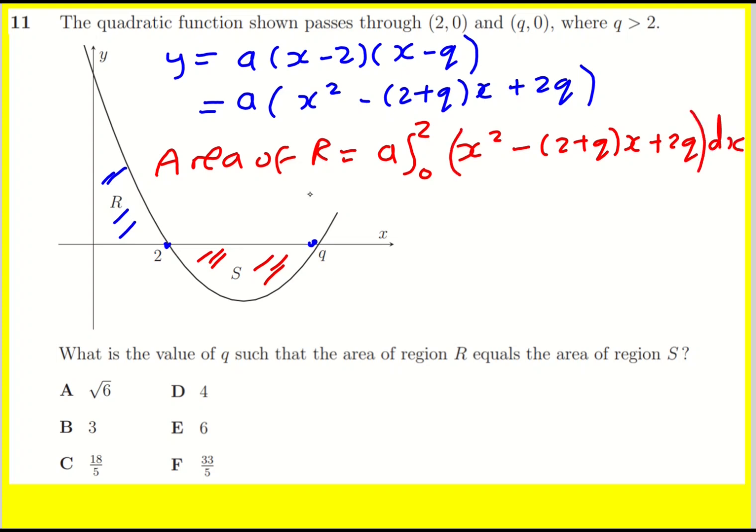And then this is equal to the area of S. Now, S will give a negative answer when you find the integral, so I just need to make it minus a times the integral from 2 to q, and then we're sorted. Then it's the same thing here.